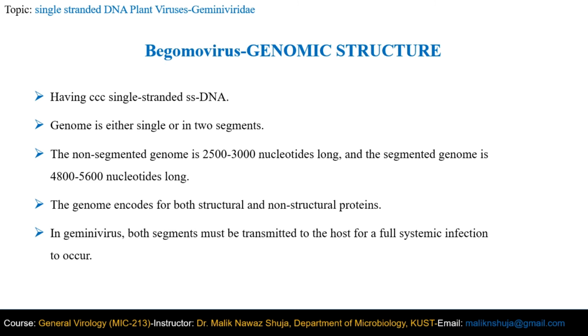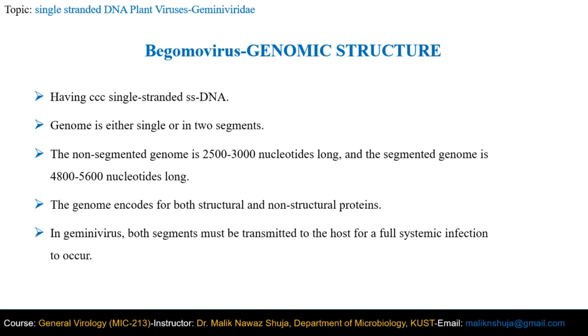In Geminiviruses, both segments must be transmitted to the host for full systemic infection to occur. In case of bipartite, DNA-A is responsible for activities such as replication and pathogenicity, but the movement, intracellular or intercellular, is provided by DNA-B.